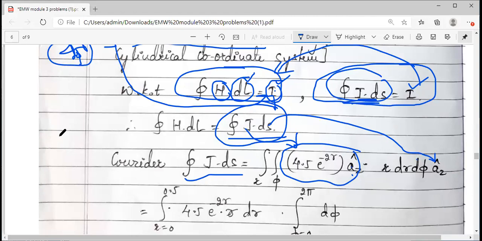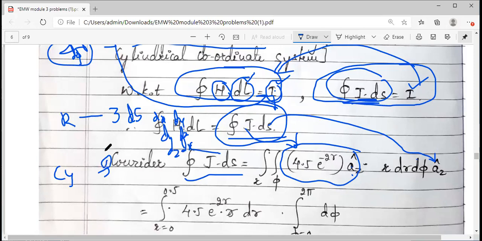Don't get confused. Because see, for the rectangular coordinate system, 3 different dS equations are there. Okay, that is dx dy, then dy dz and dz dx. Similarly, if you take cylindrical, again 3 dS will come. One dS for cylindrical coordinates r, dS phi and dS z.